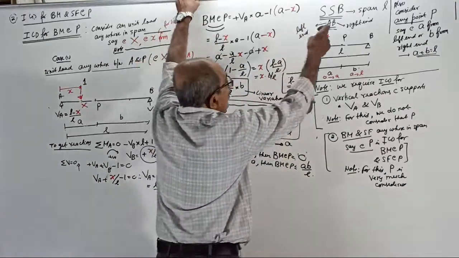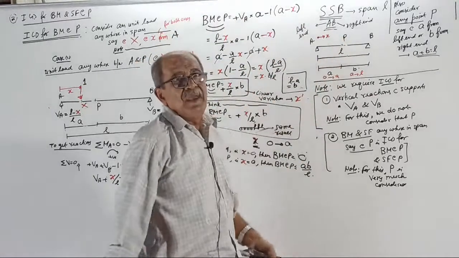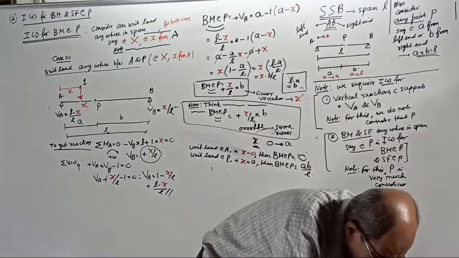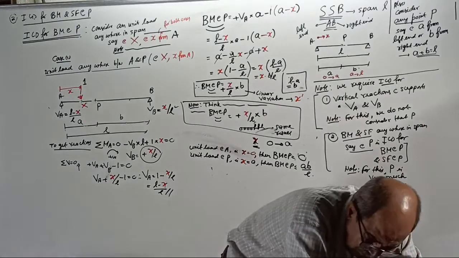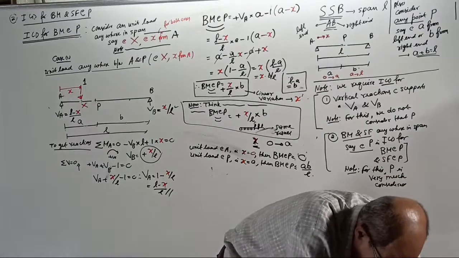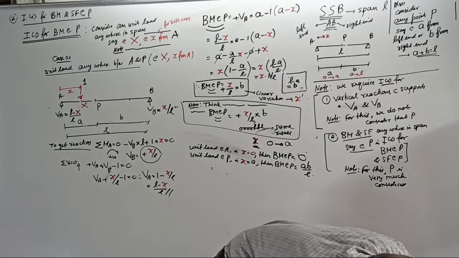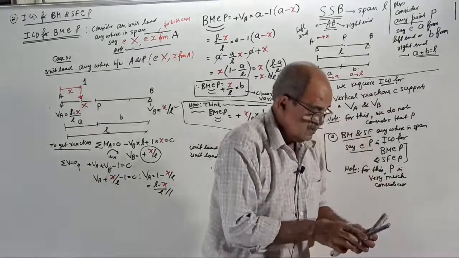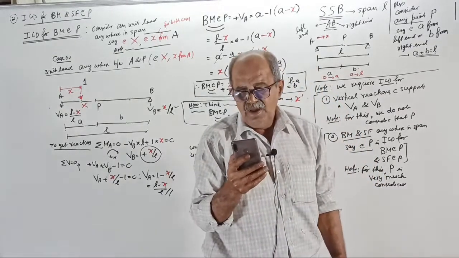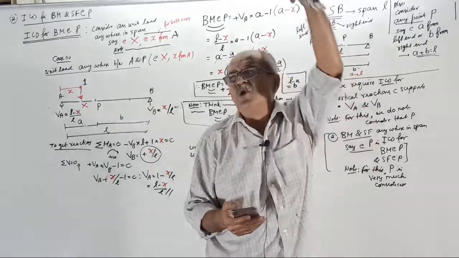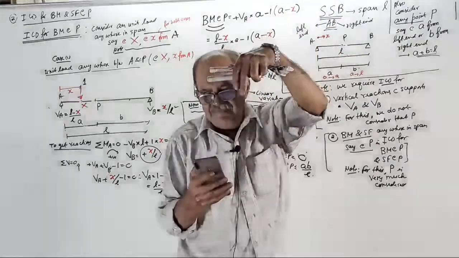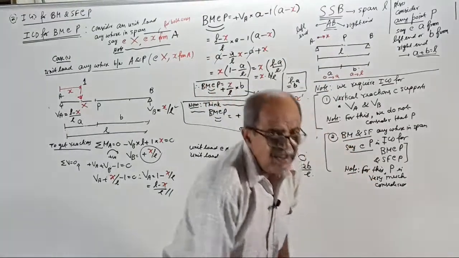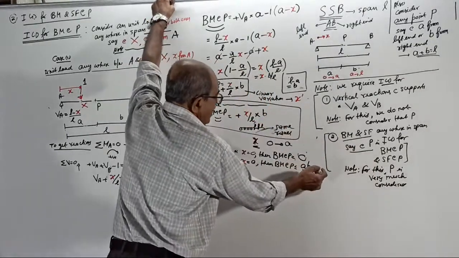Here W equal to P. If a point load W is at a point, BM there is WAB by L. But here W equal to 1. Since W equal to 1, 1 into AB by L. Over.